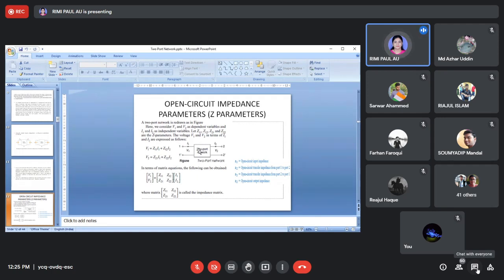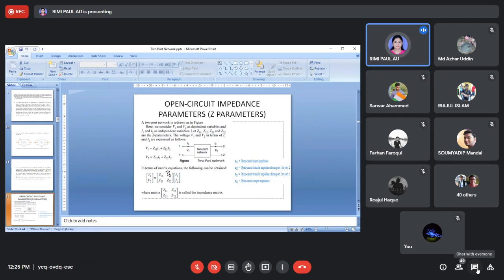If you can find the Z parameter, you can take the inverse of Z. The reciprocal of impedance gives admittance, so we can easily find the short circuit admittance.